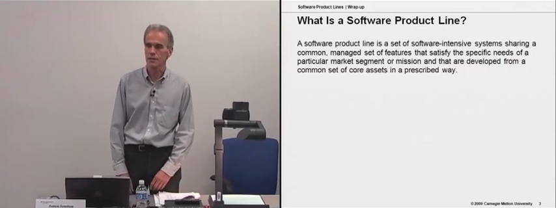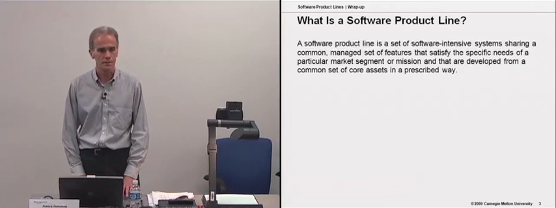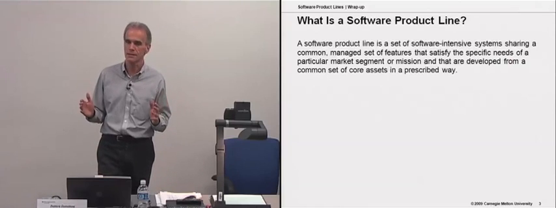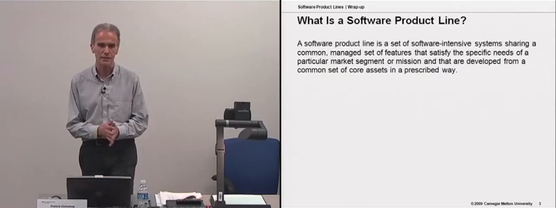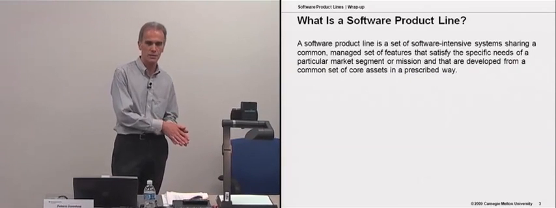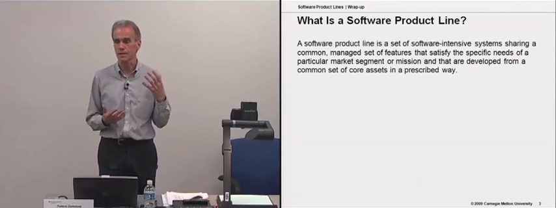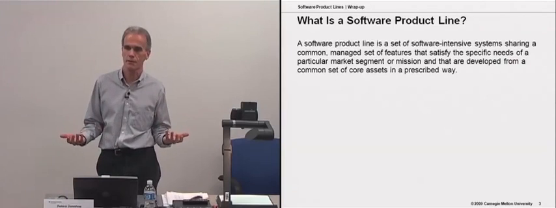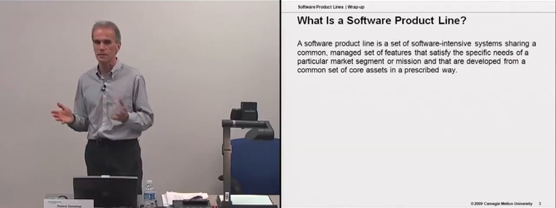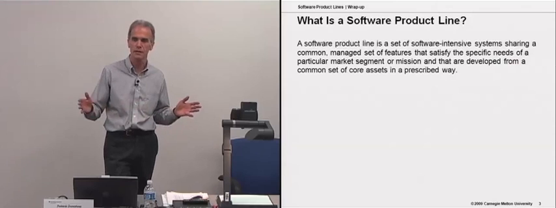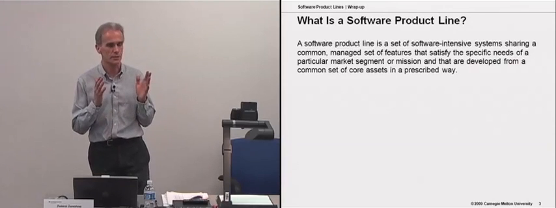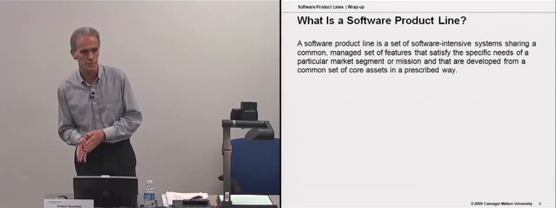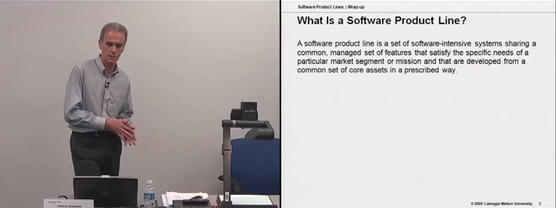When we talk about creating a set of software-intensive systems, we're talking about operating within a defined scope, and we talk about the common managed set of features. So you're going to identify what's common and what's variant across the proposed set of products, based on the chosen set of products, the segmentation of the target markets, and the classes of users that you are trying to serve with your product.